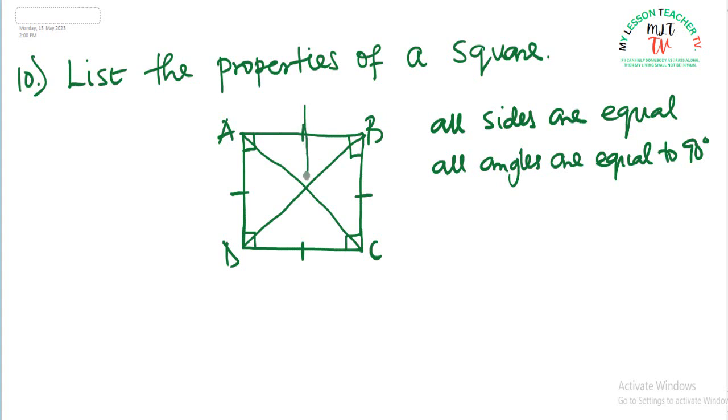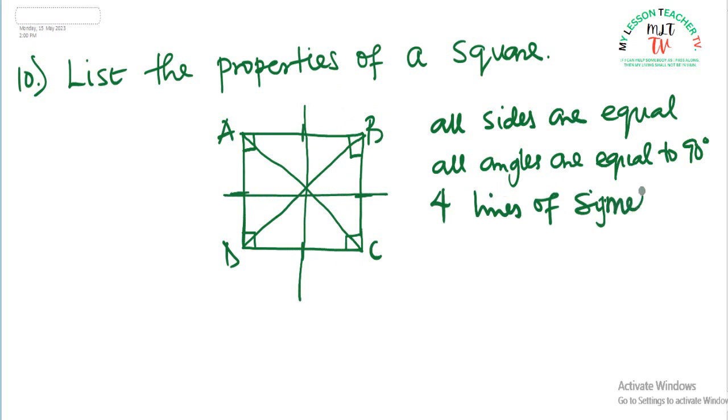Also, if you divide it from the middle into two, it divides it into two equal halves. And also, if you divide it this way, it divides it into two equal halves. So you can say it has 4 lines of symmetry and 2 diagonals.